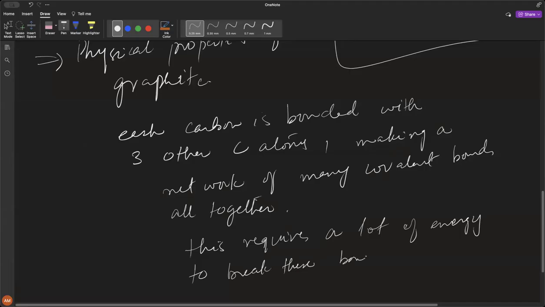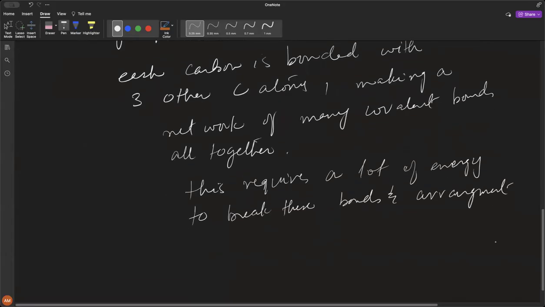These bonds and arrangement of atoms, right? It's a solid, keep in mind, so its particles are arranged in a particular manner, right? The particles of a solid are arranged in a fixed, particular manner, so they are in their fixed positions. In order to break these bonds and make them move freely around, you need a lot of energy to break all those covalent bonds.